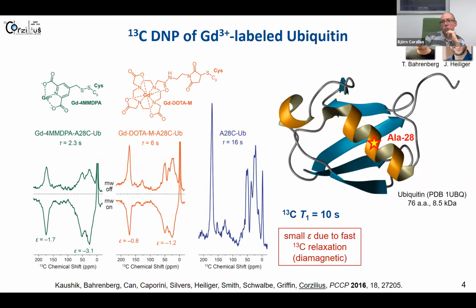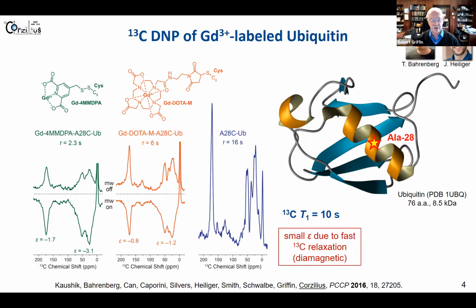So as long as we don't see anything without microwaves, we can be quite certain that if the relaxation is so fast that cross-relaxation would be involved, we would not be able to see any direct DNP also. I'm not sure if that made sense, but the point is that if we have cross-relaxation, this whole thing, of course, would not work.